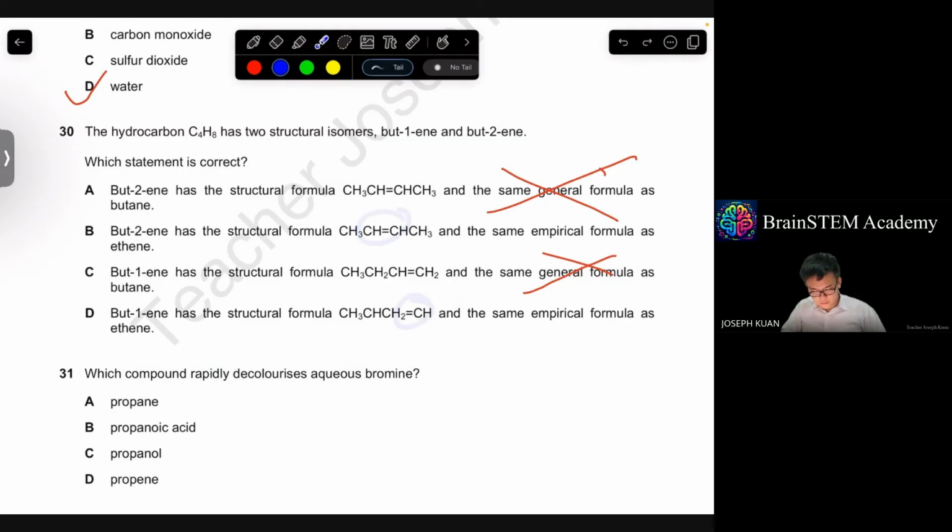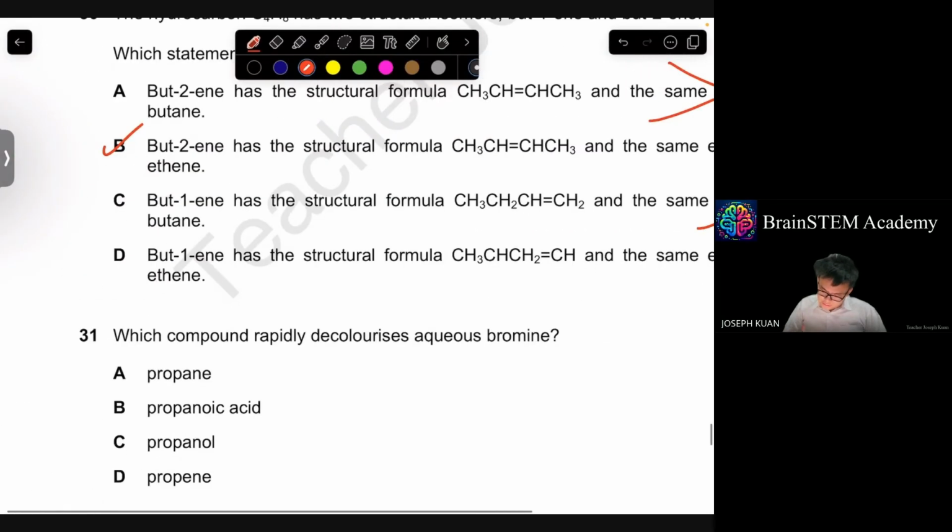So let's look at the last sentence, has the same empirical formula. Now, what's wrong here? Oh, I see now. Wait, is it? No. Yeah, the formula is obvious. So it must be B. Because as you can see, this is a weird formula.